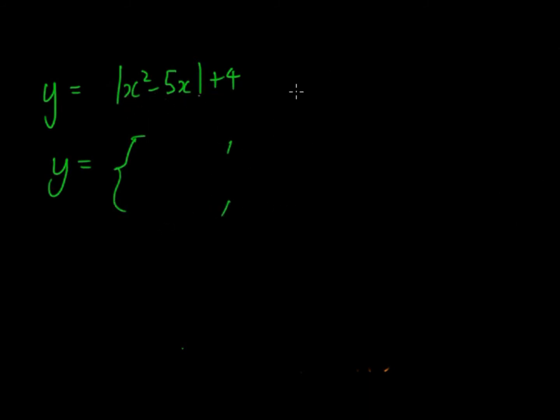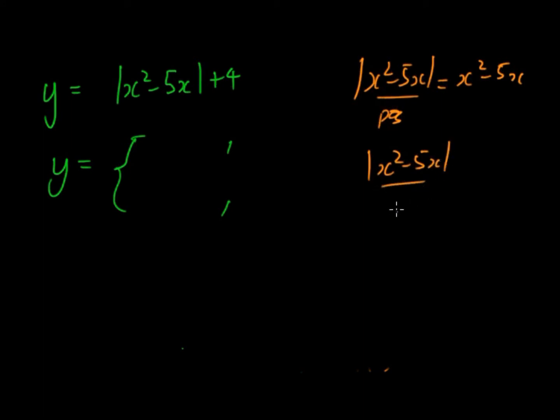Now firstly, we know that when x squared minus 5x is positive, it's just equal to x squared minus 5x. And then when x squared minus 5x is negative, it's governed by negative (x squared minus 5x), which simplifies to negative x squared plus 5x. So we've got the two different equations.